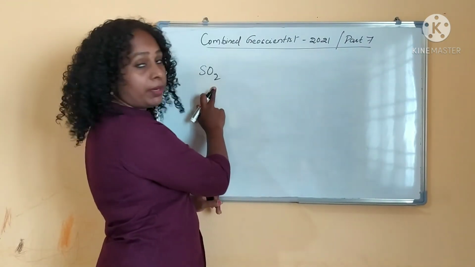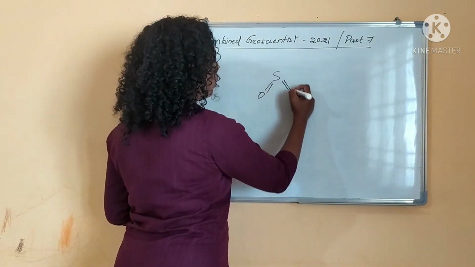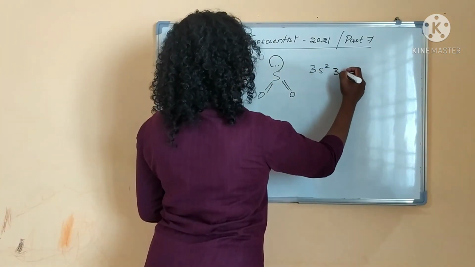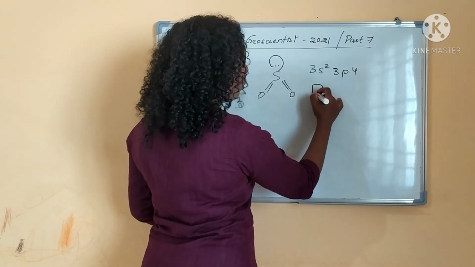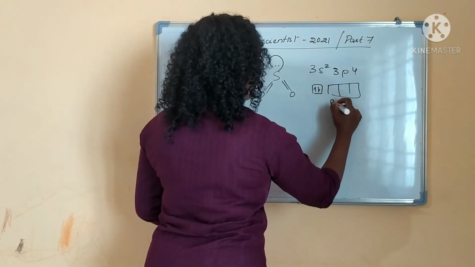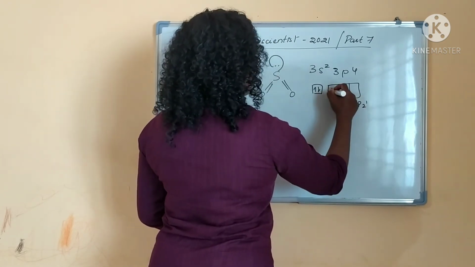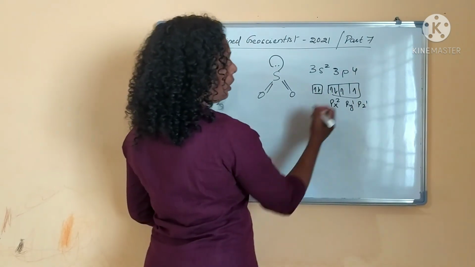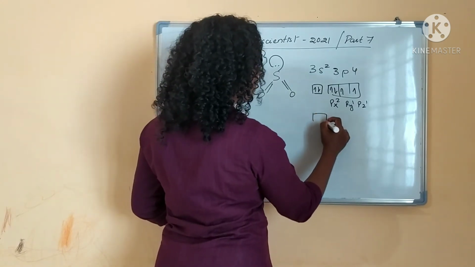Next I am taking the hybridization of SO2. SO2 is a 6 electron system, S double bond O, and 1 lone pair. 3s2 3p4 is the outer electronic configuration of sulfur: s2, px2, py1, pz1, right? This is the sulfur outer electronic configuration. And if you come to the SO2 case, what will happen?